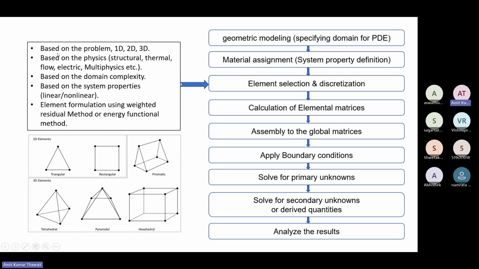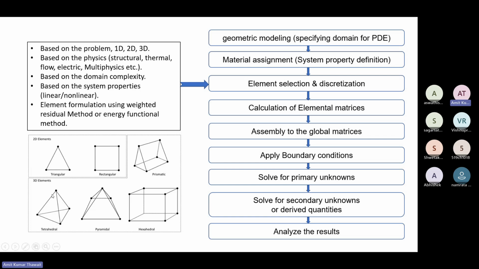We can select 1D, 2D, or 3D elements based on our problem. Based on our physics, we can select structural elements, thermal elements, coupled field elements, like that. Based on the domain complexity also we can select. If your domain is very complex, then we go for tetrahedral elements.